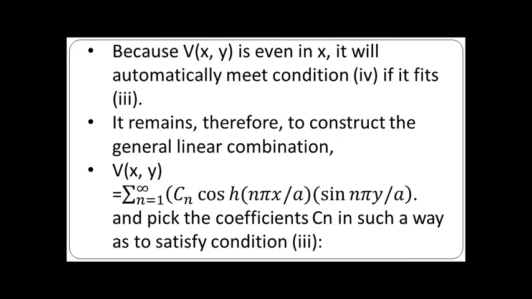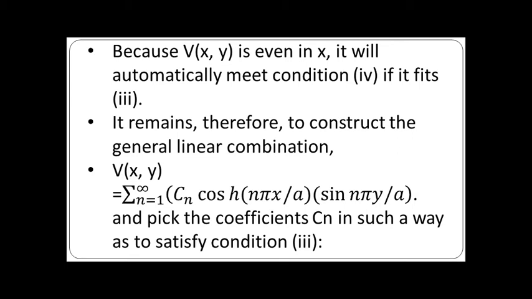Therefore, it remains to construct a general linear combination, because we found from these conditions that k is equal to n pi upon a, where n is a positive integer 1, 2, 3. So we are not getting one solution, we are getting a set of solutions, a family of solutions, and none of them by itself fits the last boundary conditions, but we'll get the most general solution because the Laplace equation has the property of completeness.